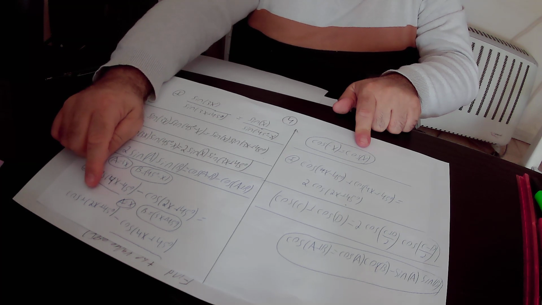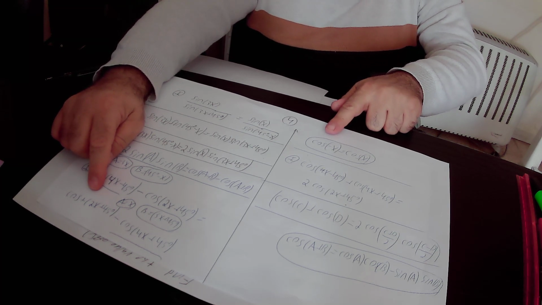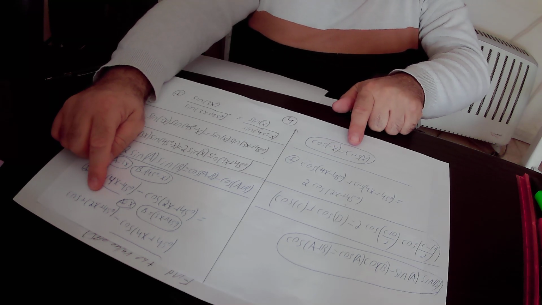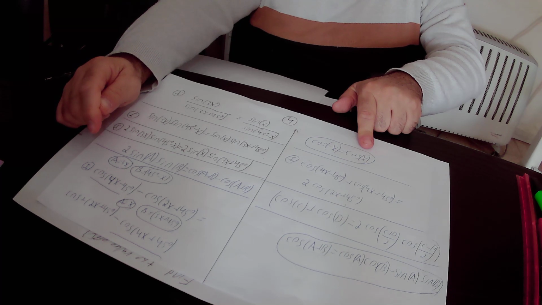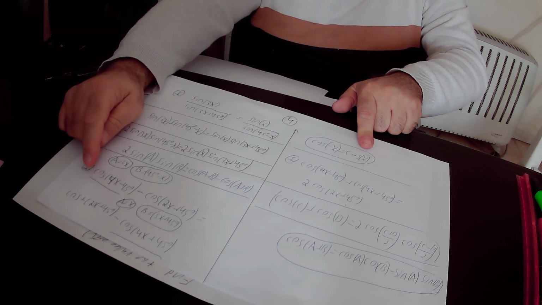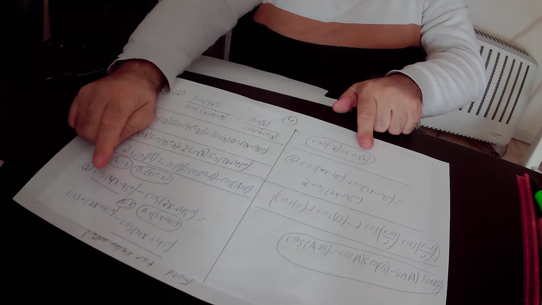So we turned the negative sign to positive according to the trigonometric identity that cosine minus x equals cosine x. Okay? And we got this expression, cosine 2x plus 45 degrees.